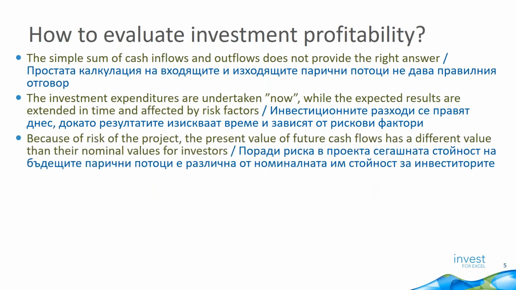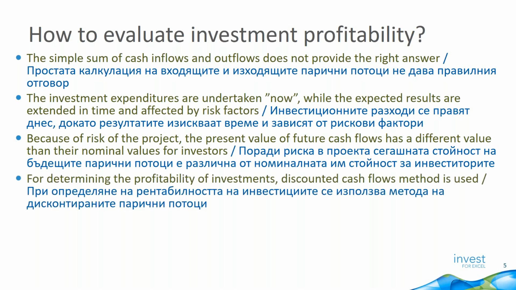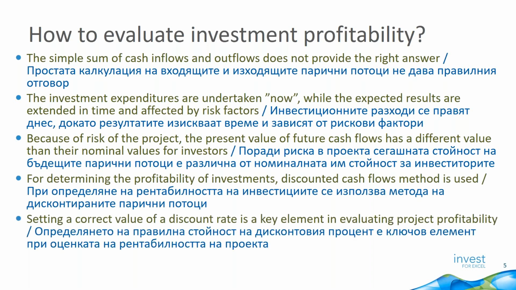So because of the risk, the present value of future cash flows has a different value than their nominal values, especially for investors. So to determine the profitability of investments, a method called discounted cash flow is used. One cornerstone in using the discounted cash flow method is to set the correct discount rate. It's the key element.